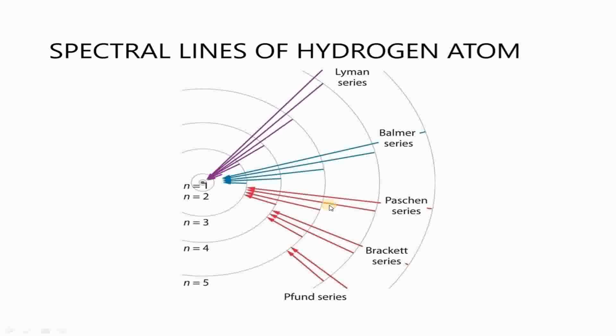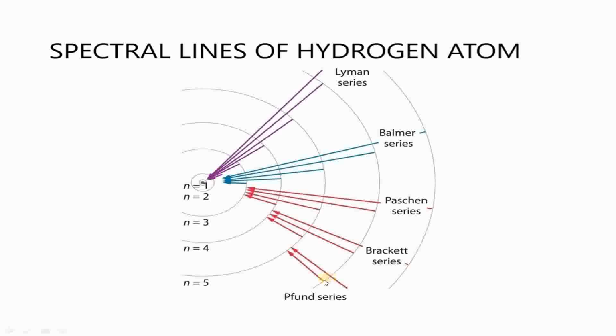The Paschen series belongs to the near infrared region of the electromagnetic spectrum. The next series we call the Brackett series. In the Brackett series, electronic transition takes place from n greater than or equal to 5 to n is equal to 4. The Brackett series belongs to the infrared region of the electromagnetic spectrum.